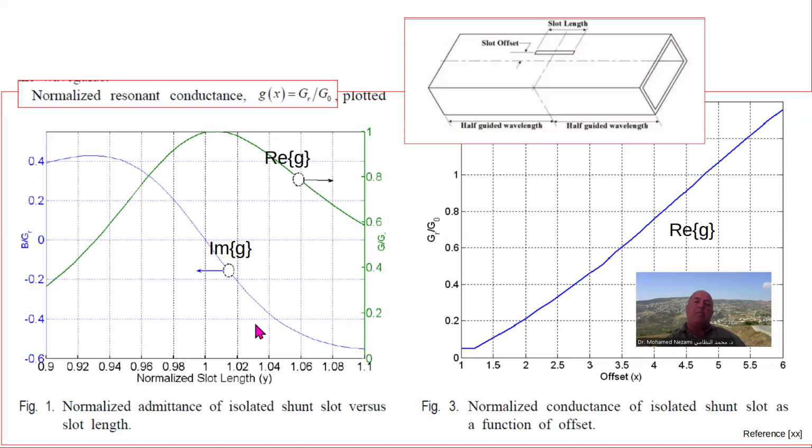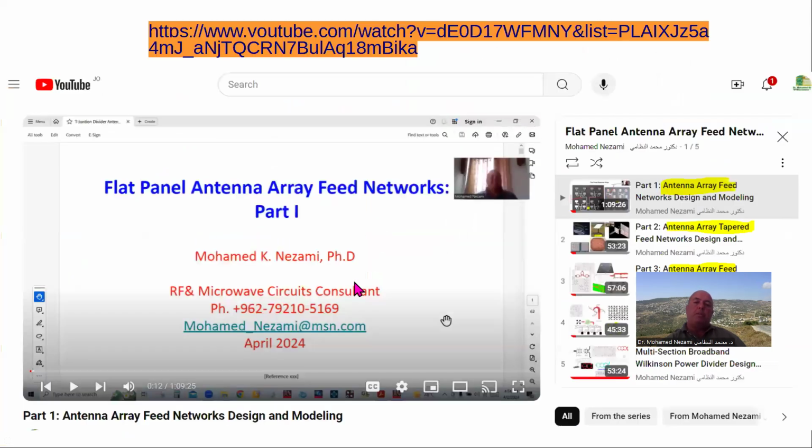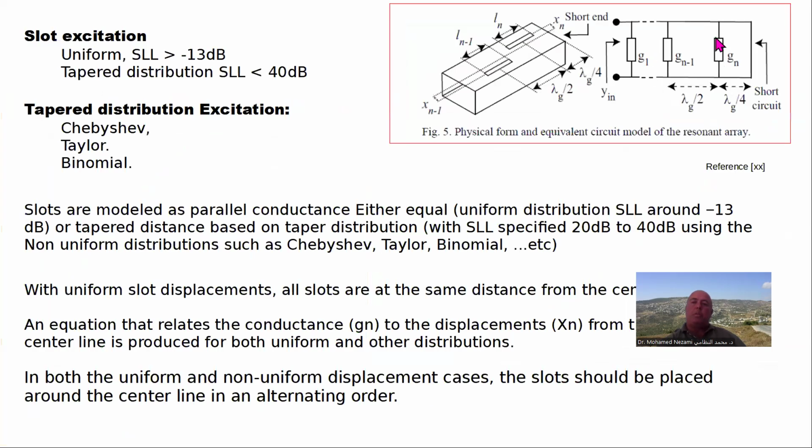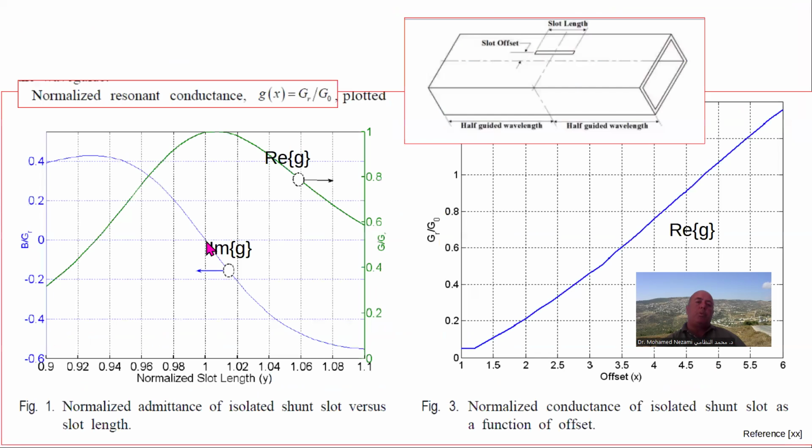If the slot length is exactly a half wavelength, the input impedance on this side will be exactly real. You can see, and it will be maximum. The maximum impedance in here, and then the imaginary part, the susceptances of these loads, you will see crosses zero.